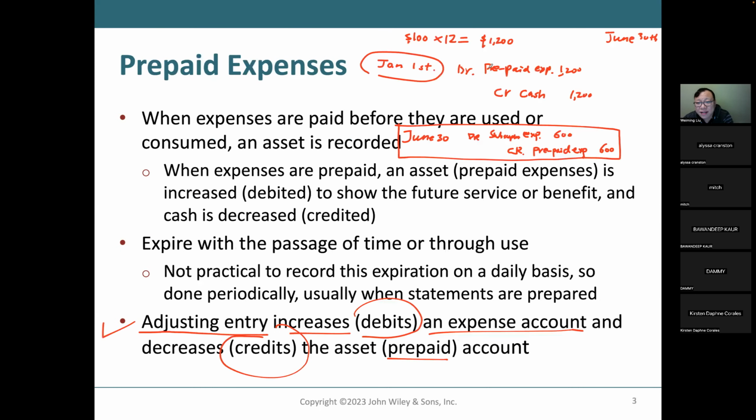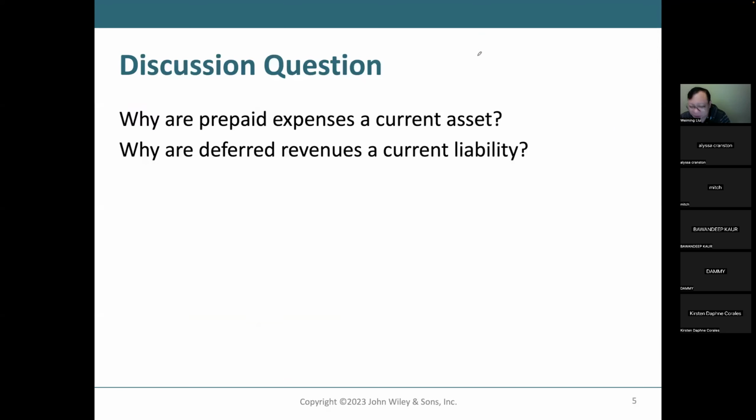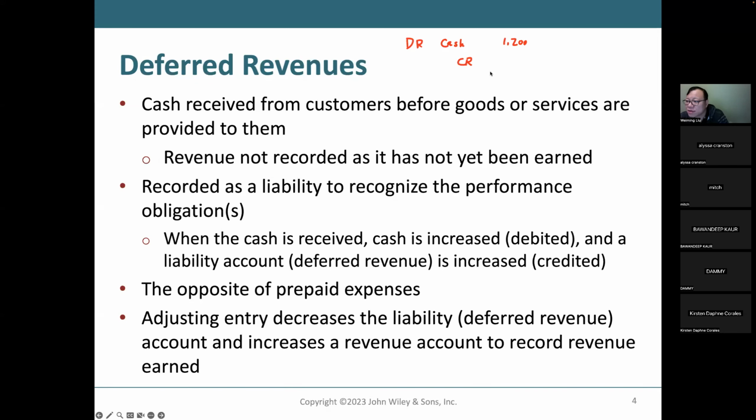They credit a liability. They debit cash, but they haven't earned it. They cannot credit revenue because they haven't earned it yet. They haven't sent any of the 12 magazines to the company yet. So at this point, it's not revenue, it's a liability.